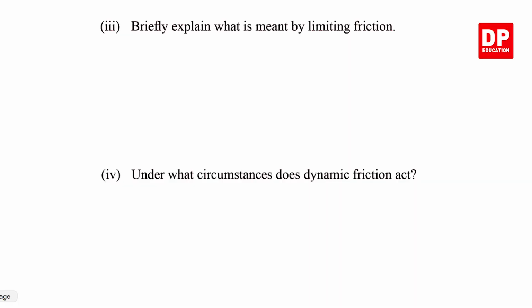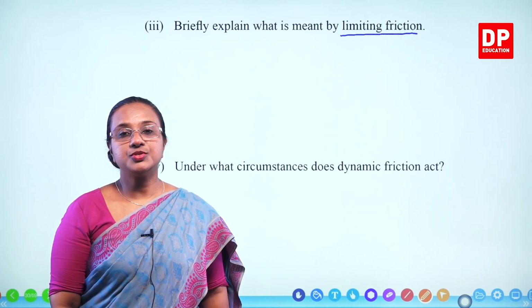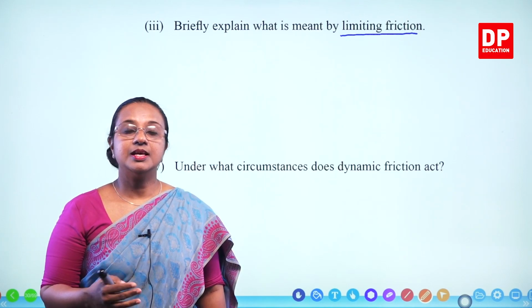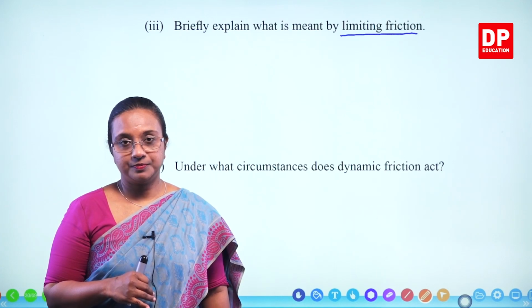Briefly explain what is meant by limiting frictional force. This is the maximum frictional force that can be exerted by a contact surface against the object in contact with it.